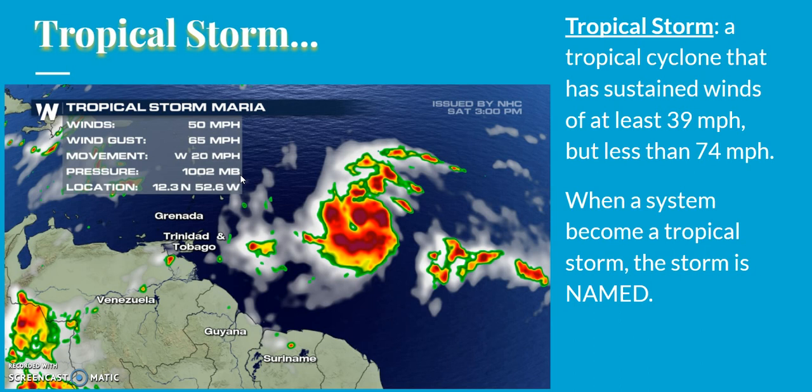Low pressure systems are generally associated with rising warm air, cloud formation, thunderstorms, etc. But the big thing about a tropical storm is it's somewhere between 39 and 74 miles an hour for sustained winds, typically the winds right at the center of the storm. And when it becomes a tropical storm, it gets a name.